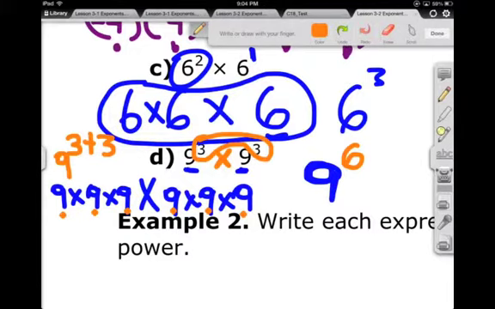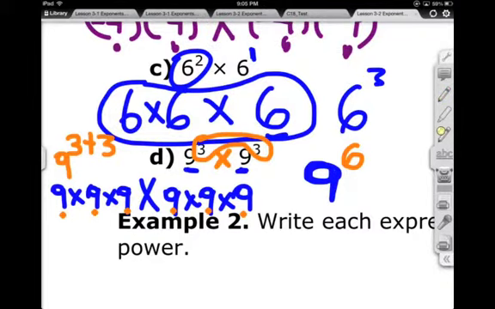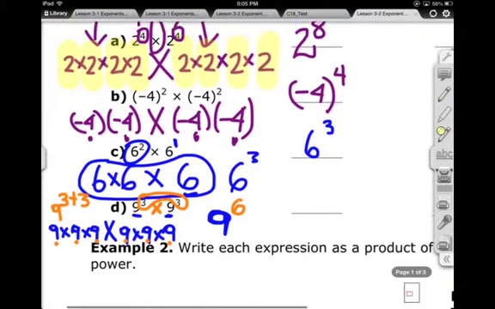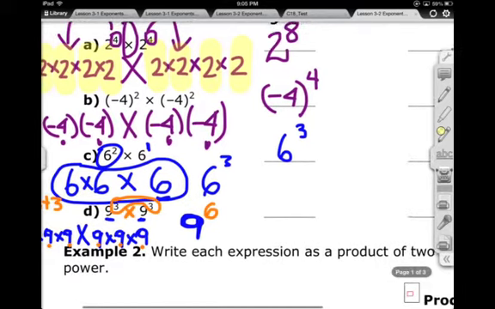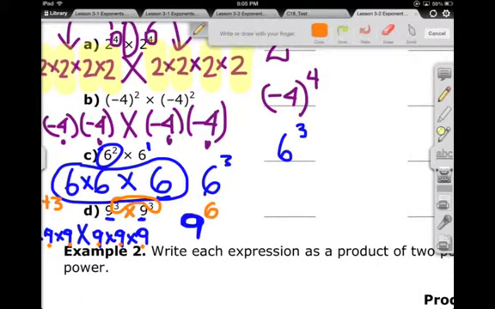That works with multiplying as long as the bases are the same. If we look at our examples above, each of these examples is showing this. We should write in 9 to the 6th power here.